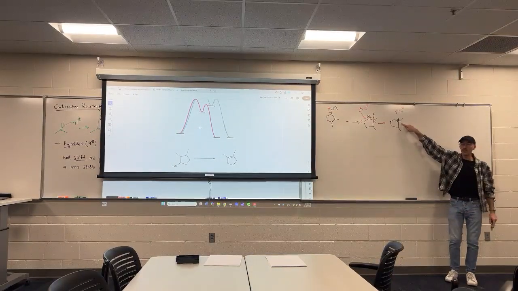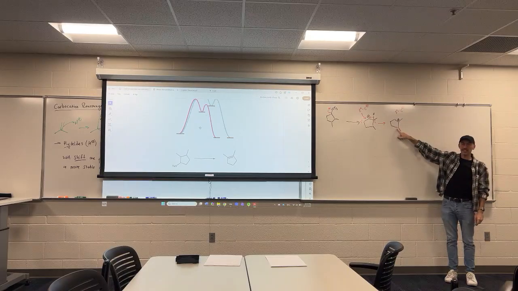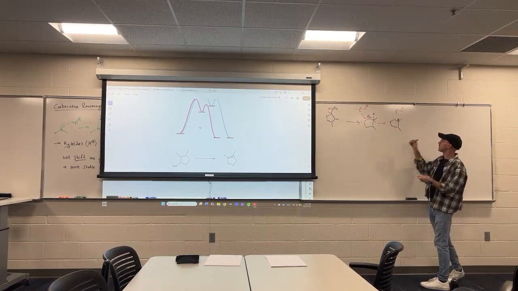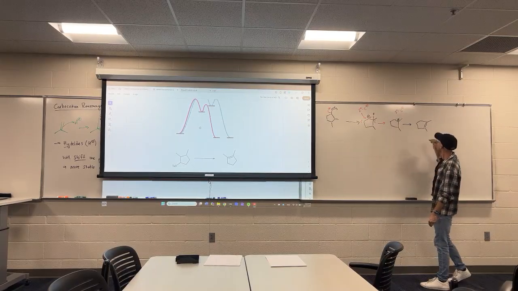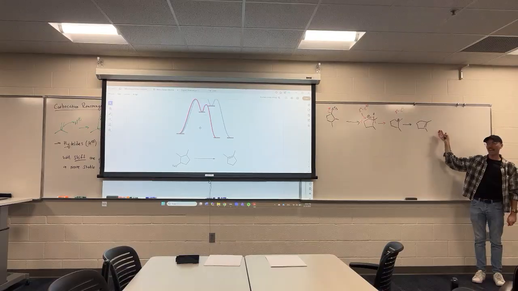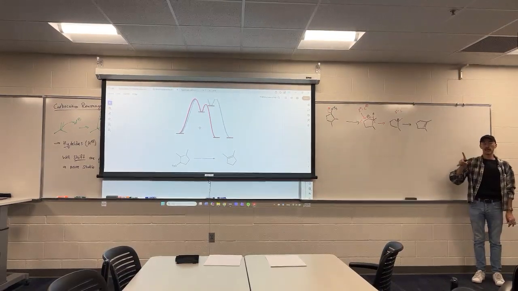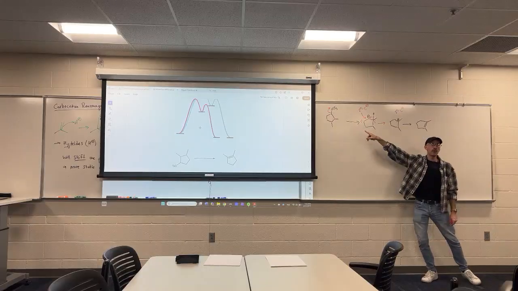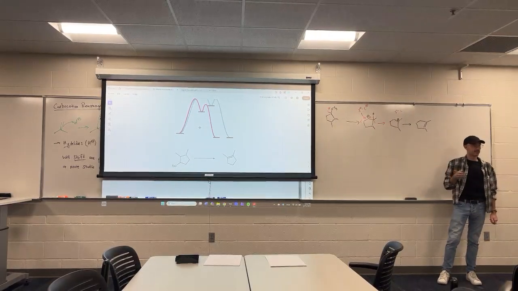This is a new alpha position, and this is a new beta position. So we now have this potential for a new alpha-beta unsaturated product if and only if the alkene forms with a carbocation intermediate.